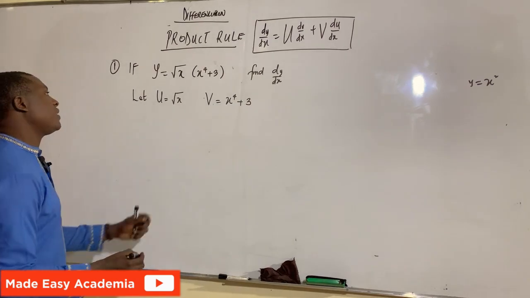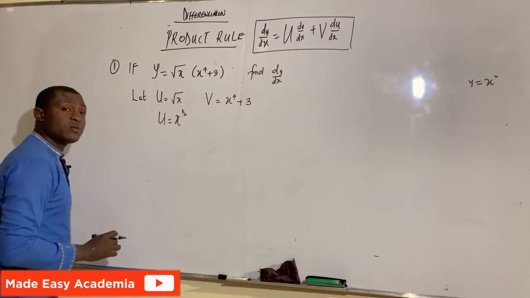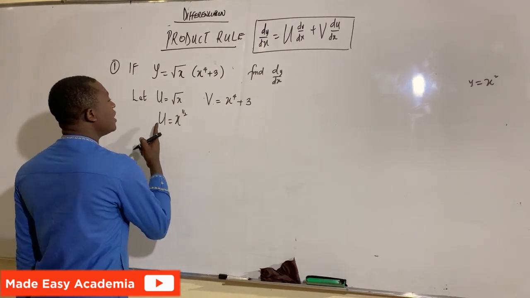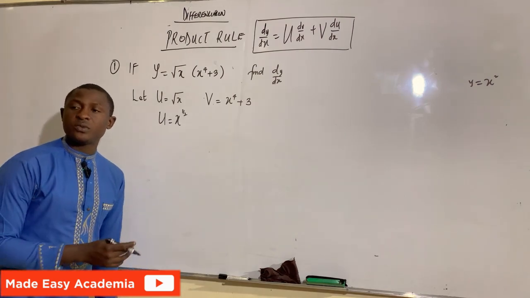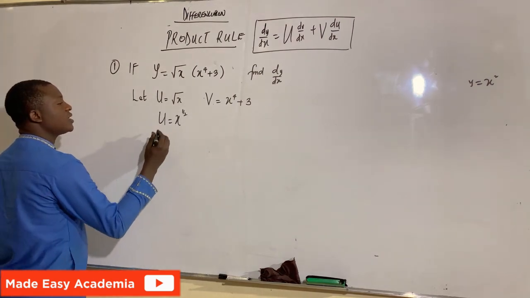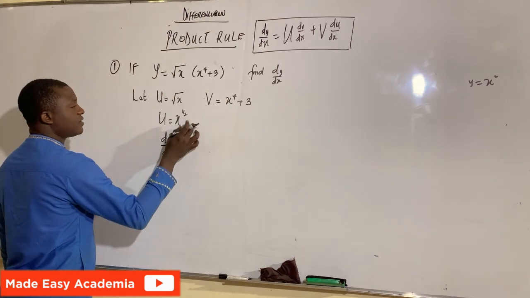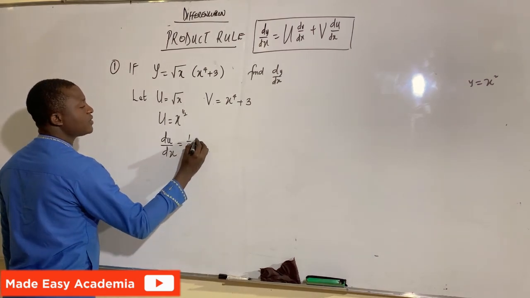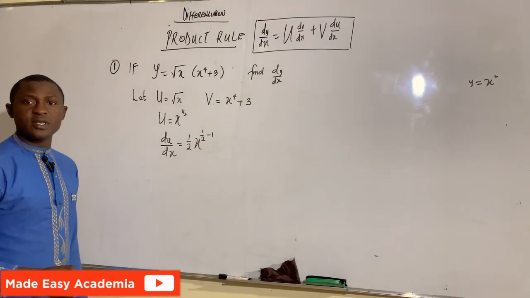If I have root of x, this is nothing but x raised to the power of 1/2. Then I will differentiate the first one, and at the same time differentiate the second one too. So for u, du/dx is 1/2 x raised to the power of 1/2 minus 1. You remember that, right?